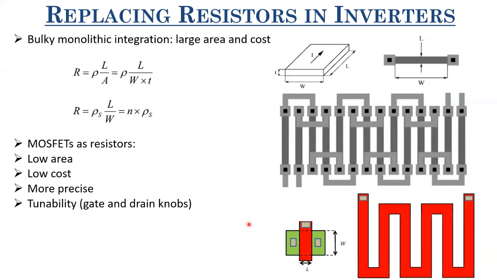Now let's say because of process variation, two MOSFETs which we want to act like resistances are placed far apart on a chip, and we want them to be matched. Even if their resistance values are not matched because of process variation, we can always tune their gate and drain voltages in order to match their resistances. So this tunability gives you an additional knob to control mismatch errors.